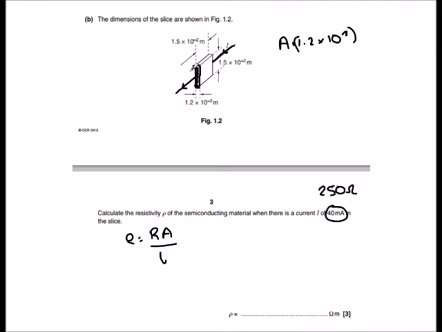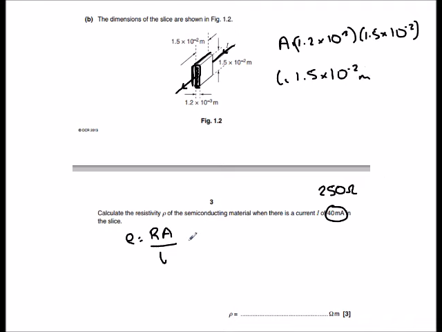Then I've got to multiply it by this length along here, which they give me back here, it's 1.5 times 10 to the minus 2. Let's just write the length down. The length is going to be this bit along here. That's also 1.5 times 10 to the minus 2 meters.